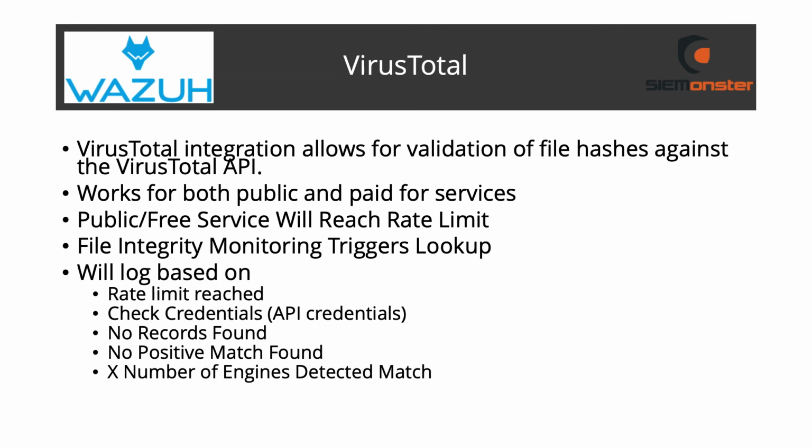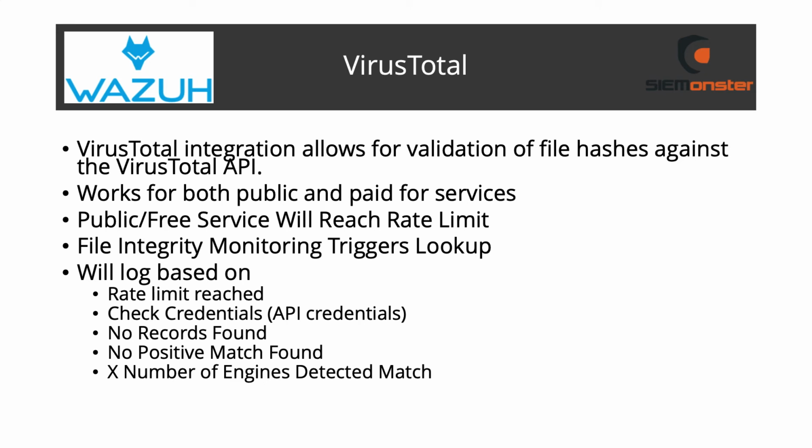The file integrity monitoring triggers the lookup, and it will log events in the system based on: rate limit reached, check your credentials if your API credentials are incorrect, and if there's no records found. So if the hash value is clean, the value has been found, but there's no virus detected by any of the engines.